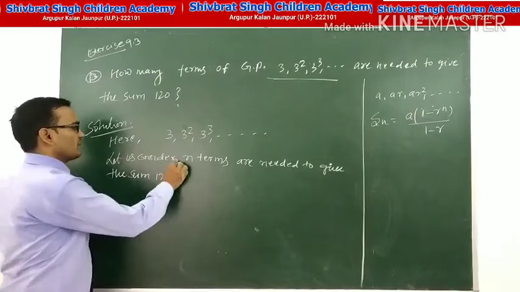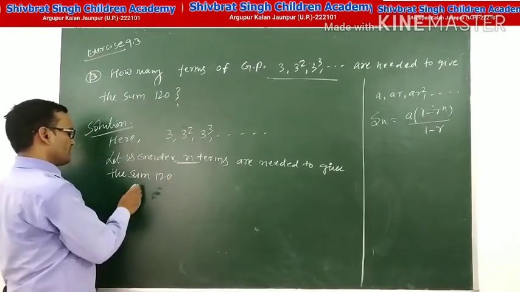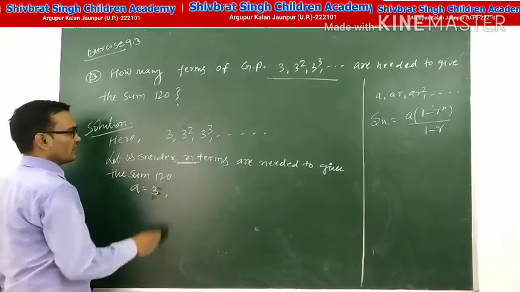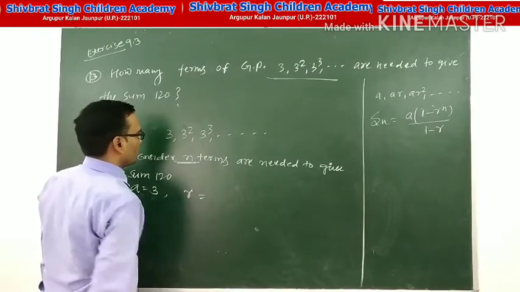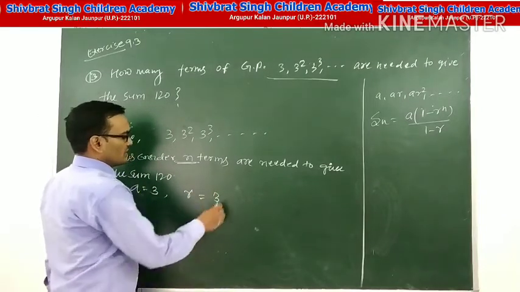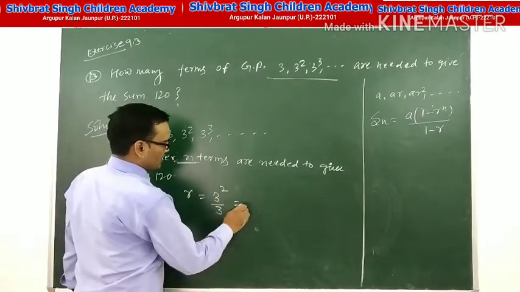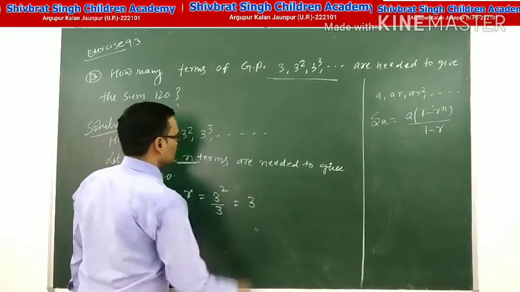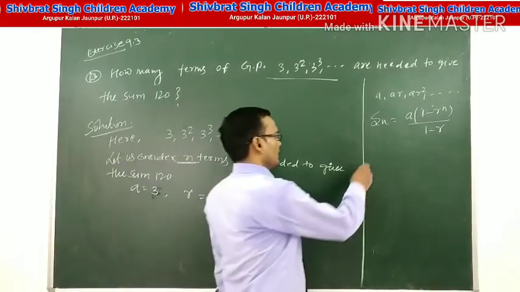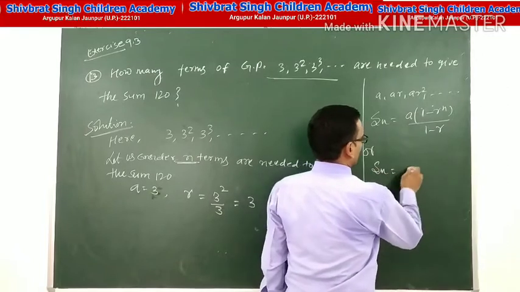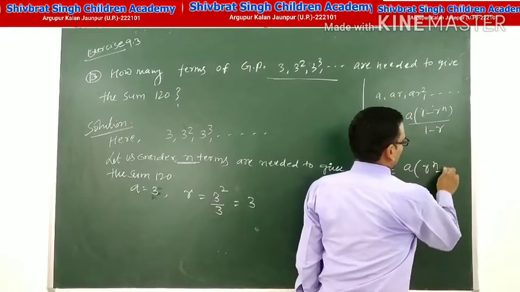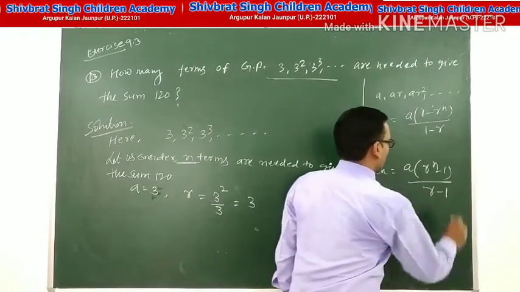How many terms? n terms. The first term is a equal to 3. The common ratio is r equal to 3 square upon 3, that means 3. Here also Sn equal to a into r to the power n minus 1 upon r minus 1.